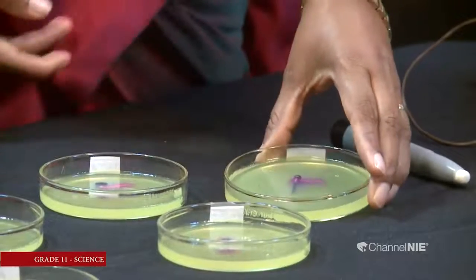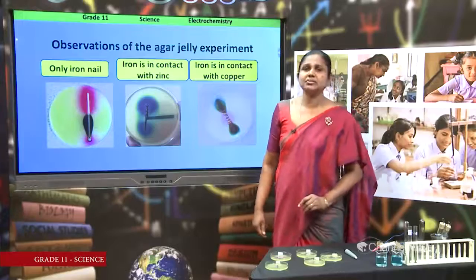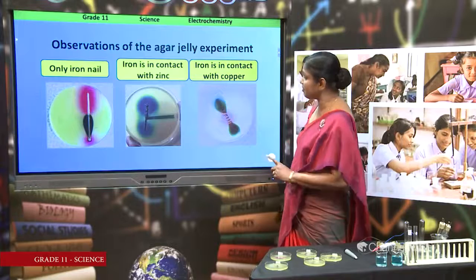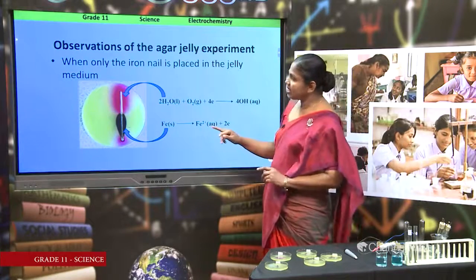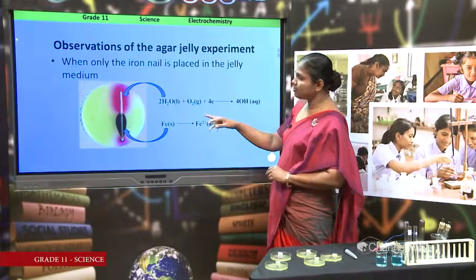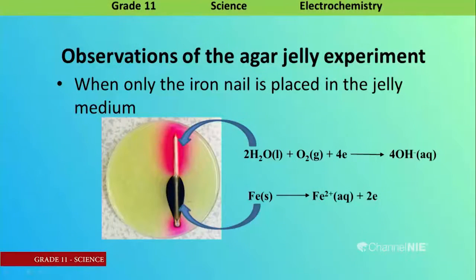Right, okay, we'll see the reactions relevant to this. See, when the iron nail is in agar medium, the pink color indicates that a reduction reaction has taken place near that. As hydroxyl ions are formed, phenolphthalein in the medium turns pink.